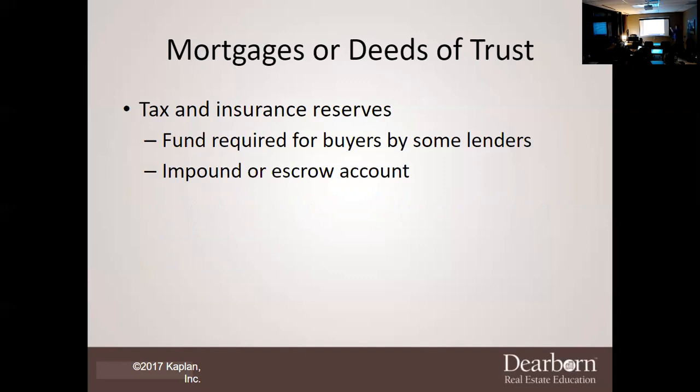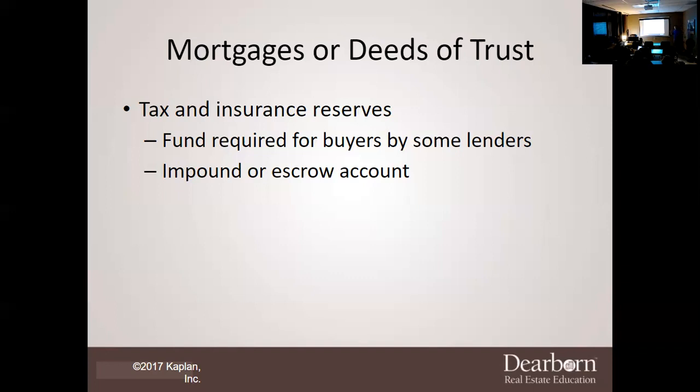The funds are required by some lenders, and they put that money into an impound or an escrow account. Like I said earlier, you pay $1,000 a month, $500 is principal and interest, $500 is insurance and taxes.